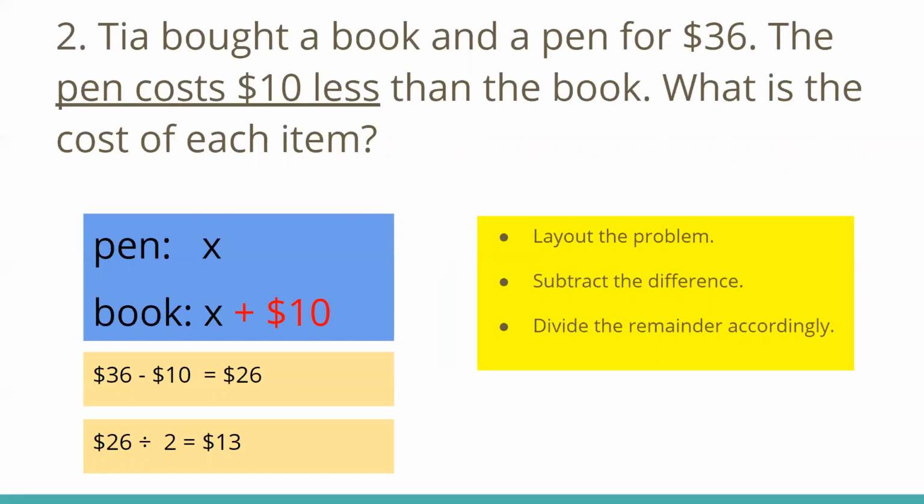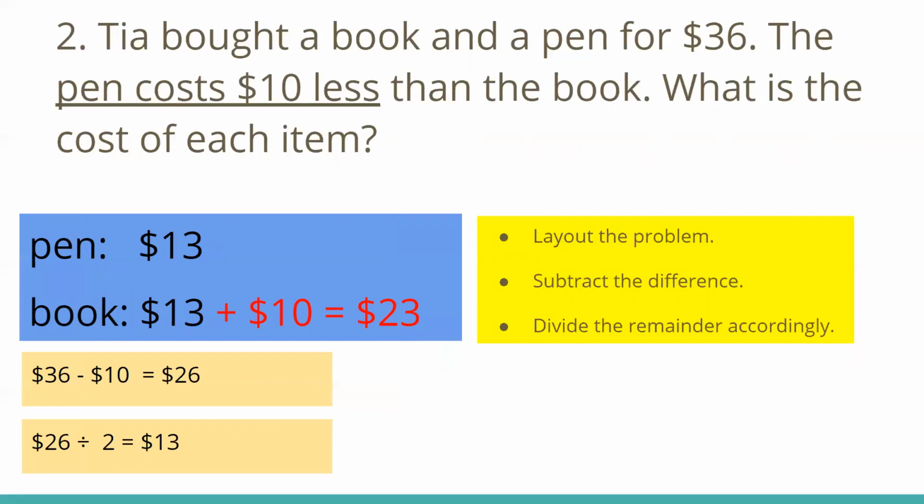Since there are 2 items again, we divide by 2. And we update our number sentences. The pen costs $13, while the book costs $13 plus $10, which gives us $23. Again, we can check our answer by adding 13 and 23.